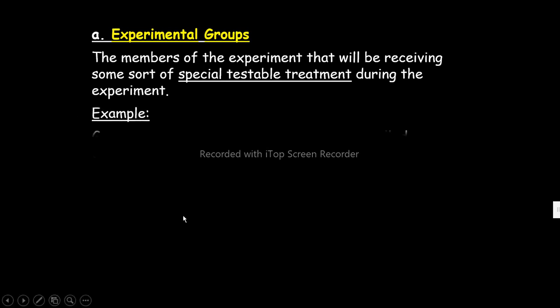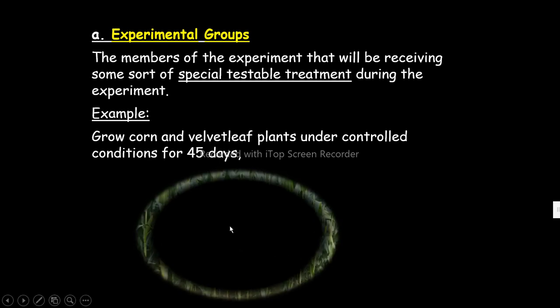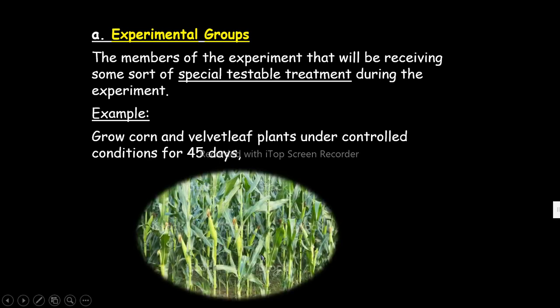For example, in our experiment, you're going to grow corn and velvet leaf plants under controlled conditions for roughly a period of 44 or 45 days. And this is the corn, the common corn. You know, this is a C4.